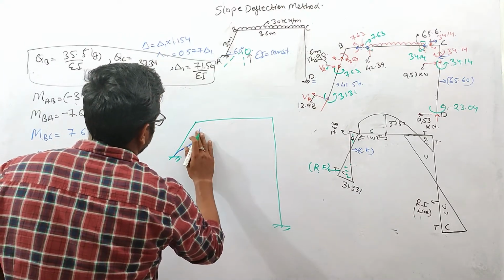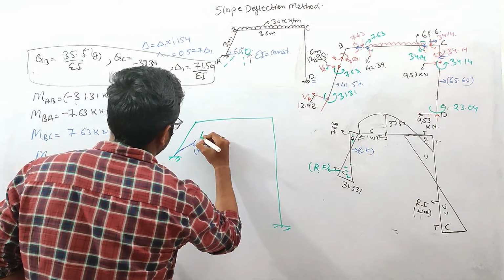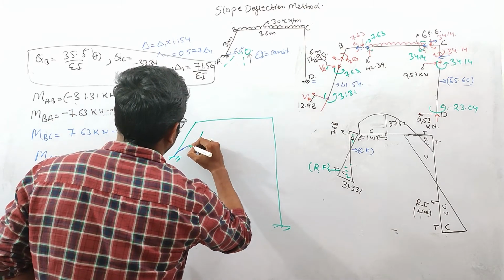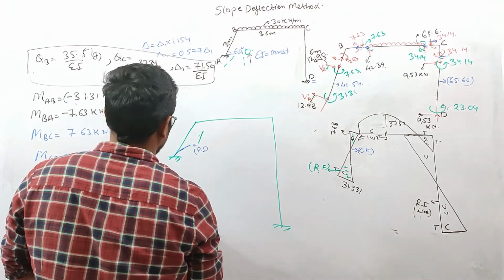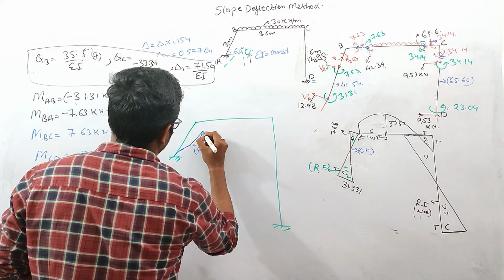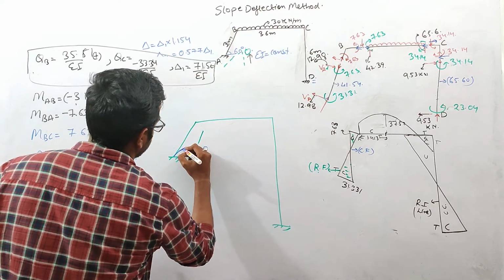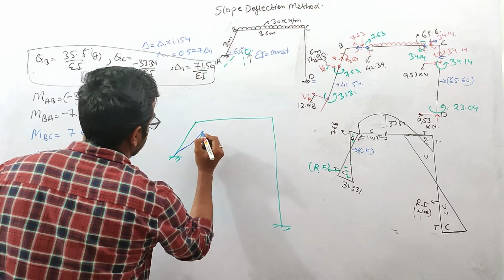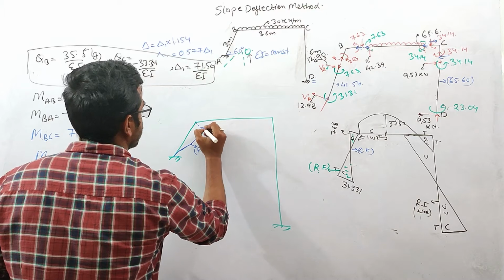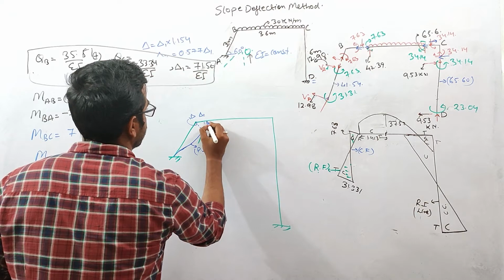If this is the tangent of this axis, this is basically the point of inflection. This is delta, this is delta 1, and this is delta 2.